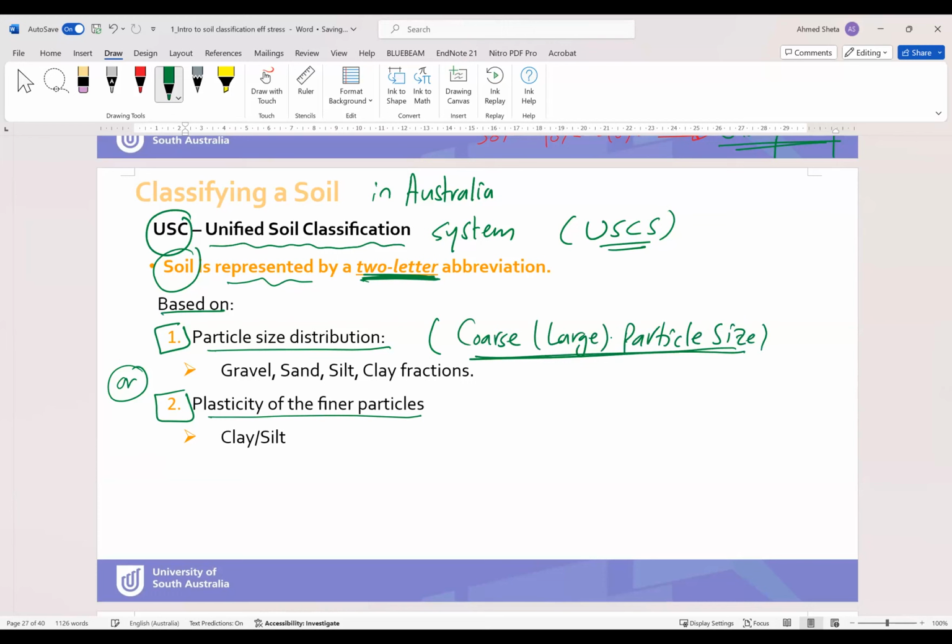The other method is the plasticity of the finer particles. This one is for clay or silt, which means that it is applicable only for fine or smaller particle size. Okay, so we have two methods here: particle size distribution and plasticity, depending on coarse or fine soil.